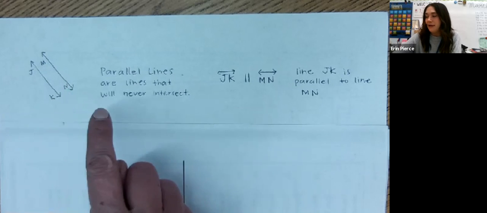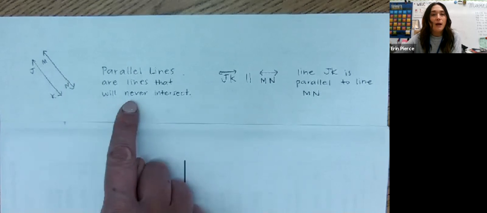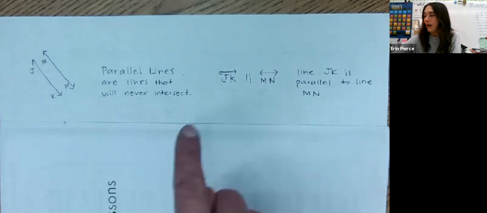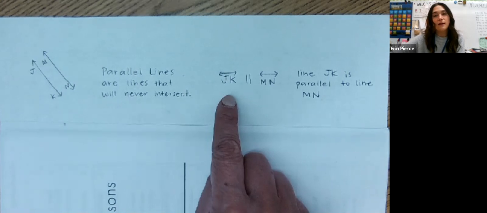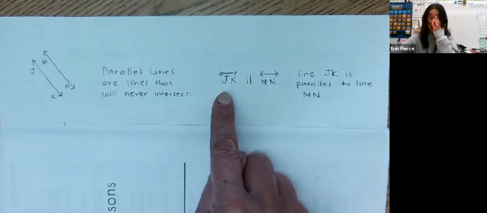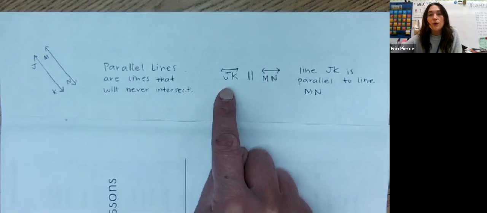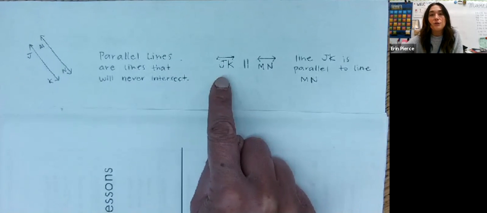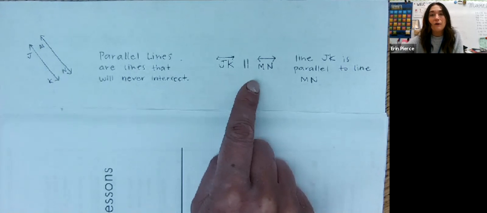I'm going to write the definition. Parallel lines are lines that will never intersect. Then I have to write out what that looks like. So just like we learned notation yesterday for line, we're going to write line JK is parallel.